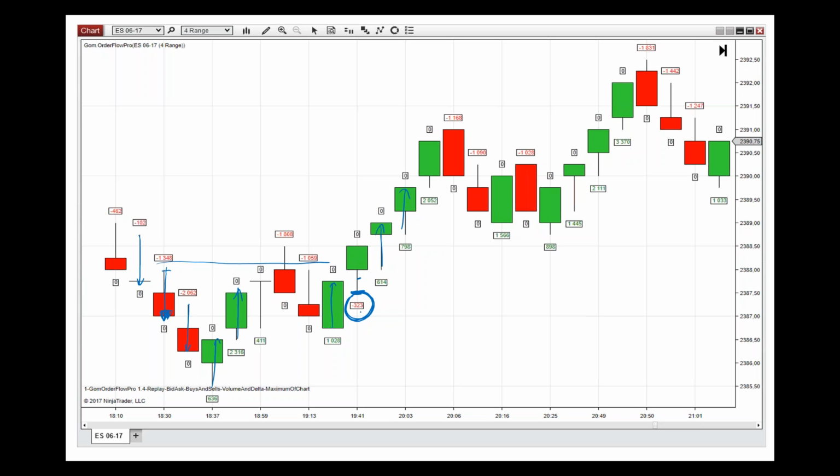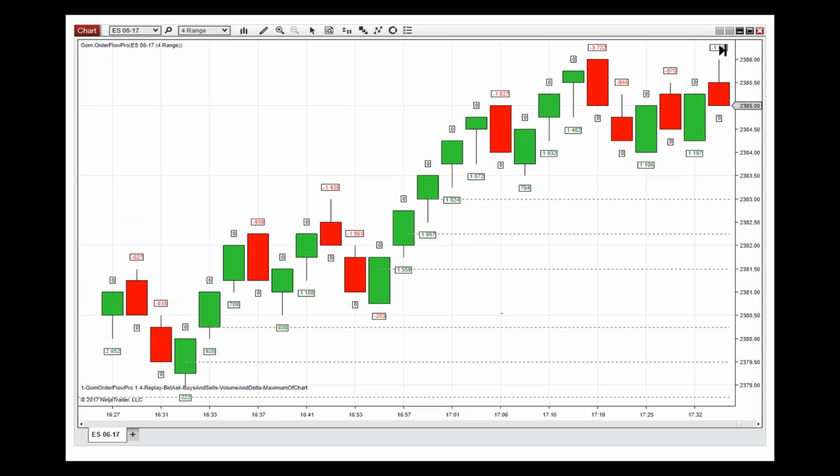This is the signal that the selling is failing. It's a failed aggressive activity, and it gives a pretty good probability for the move in the other direction to win.